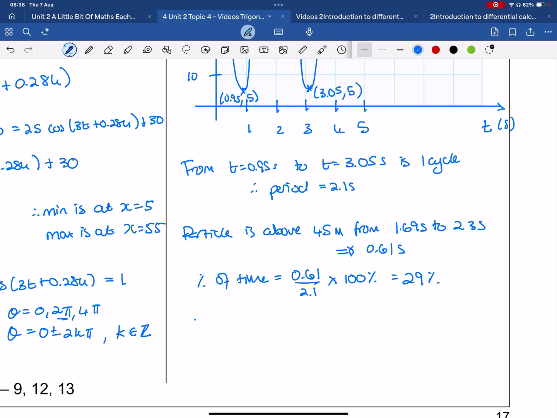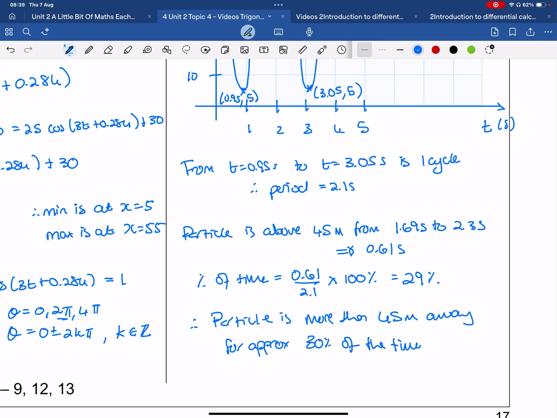So the particle is more than 45 meters away for approximately 30% of the time.